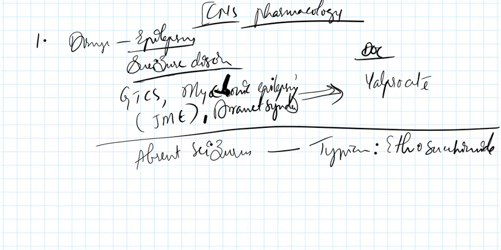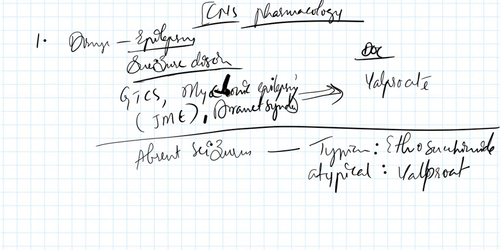But if it is atypical absence seizures, what is meant by atypical? Atypical means there is a change in the muscle tone. If you observe a change in the muscle tone, then it is atypical absence seizures. Then the drug of choice will be valproate, right?